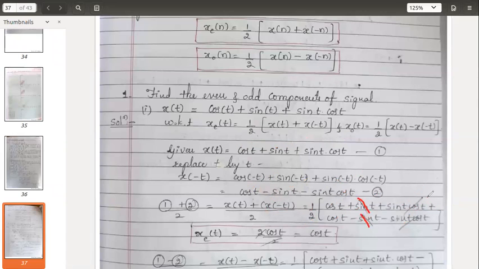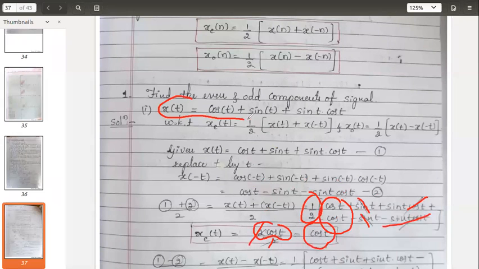Yes, the sin term and the sin cos term, these terms will go. I'll be left with half outside. Cos plus cos is 2 cos. 2 cos divided by 2, the 2 cancels. I'll be left with cos of t. I have told you, cos is an even signal. So we are correct now.